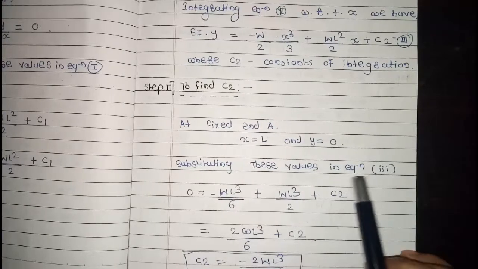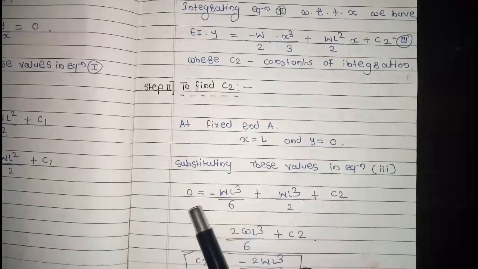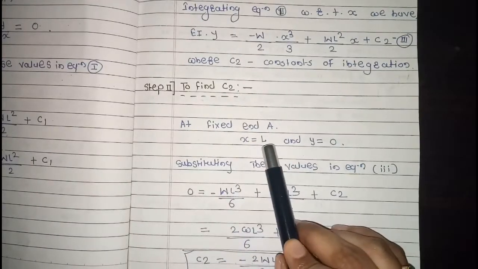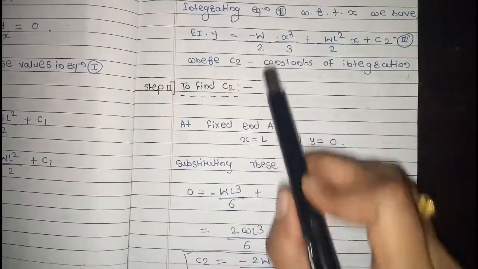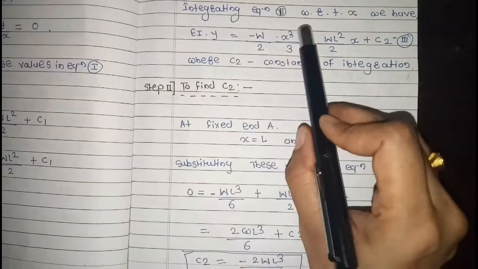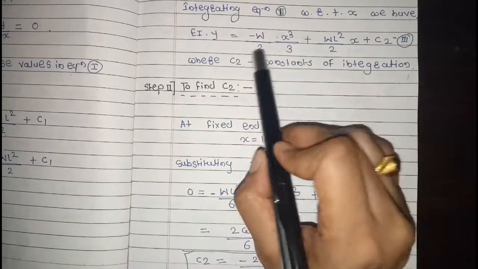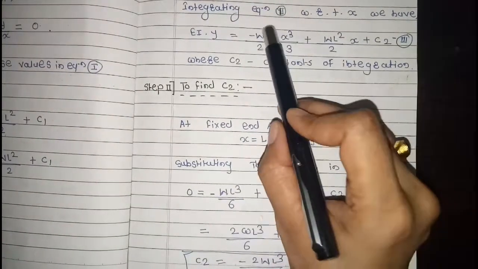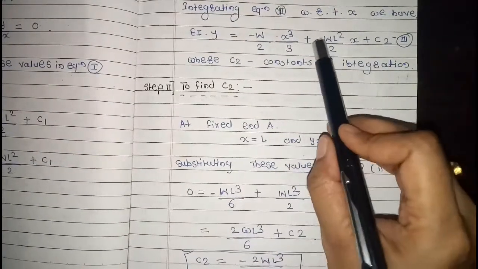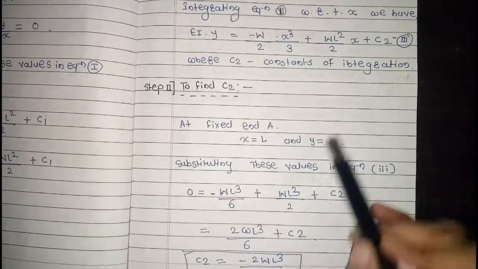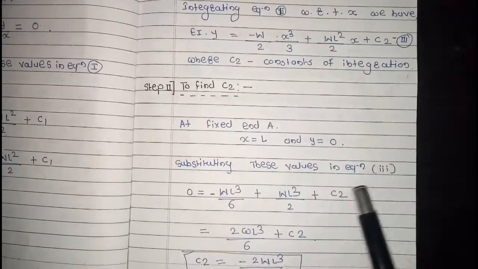Substituting these values in equation number 3, we get 0 is equal to minus W by 2 into L cube by 3, that is minus W L cube by 6, plus WL square divided by 2 into L, meaning WL cube by 2, plus c2.